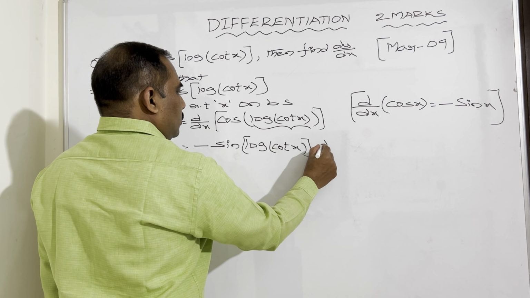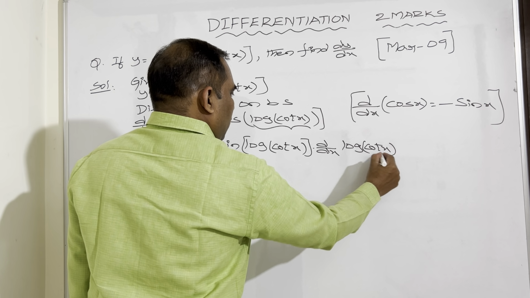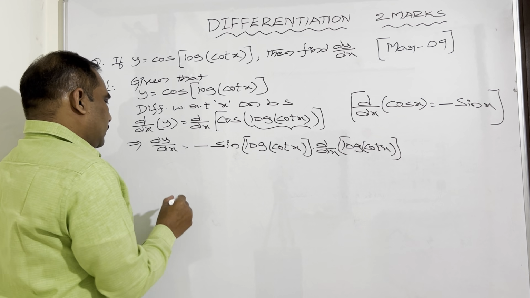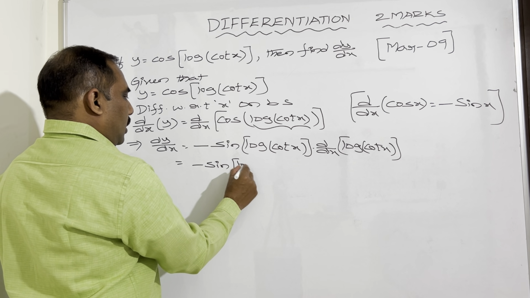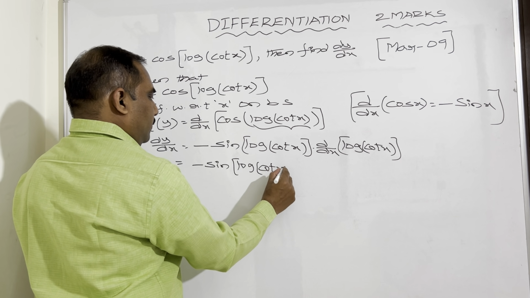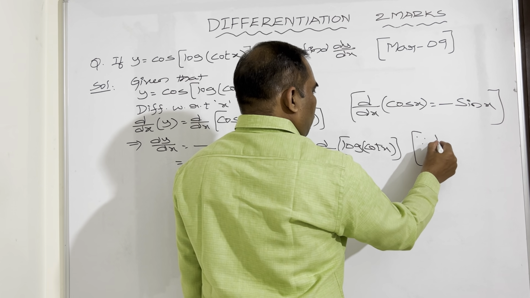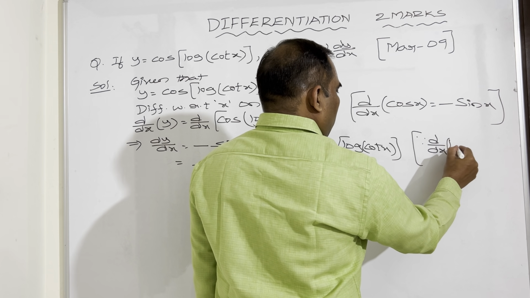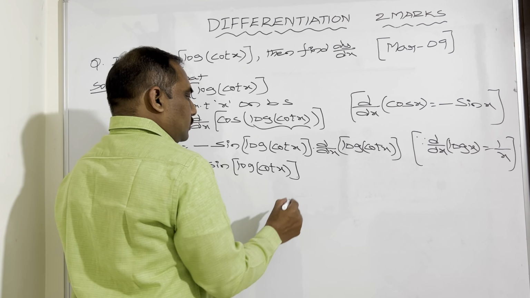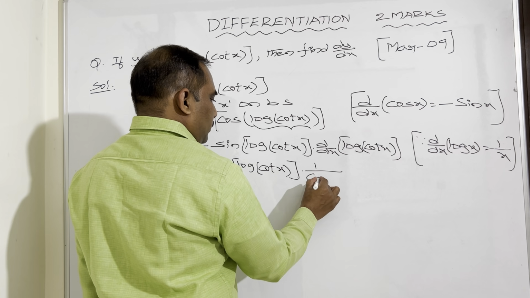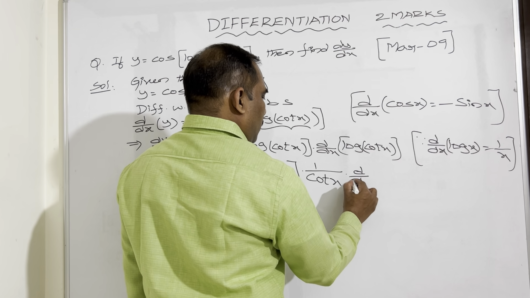So again we have to do the derivative d/dx of log of cot x. Which is equal to minus sine of log of cot x into the derivative of log of cot x, which is in the form of log x. So d/dx of log x is, we know, 1/x, which is the standard form. So that's why this is 1/cot x into, again, the derivative of cot x.